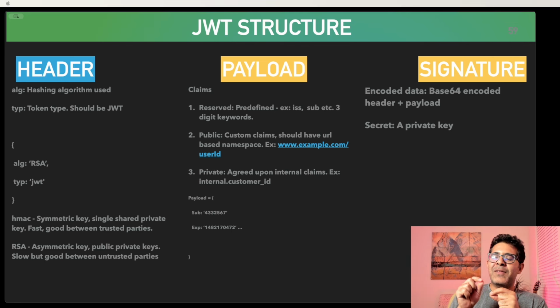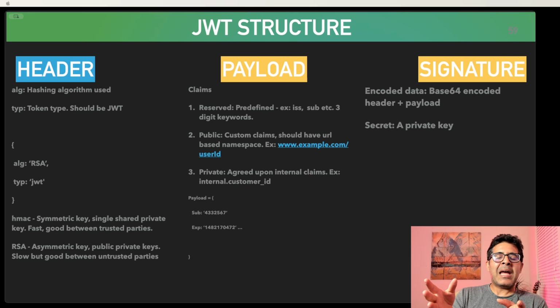In reserved, if you look at RFC 7519, I'll show you shortly, it has a set of 3-letter key names, like ISS is the issuer, IAT is when it was issued, a timestamp, and the subject, and the issuer name goes in as ISS, right? So it has those predefined sets of values which you can use. Those are called reserved claims.